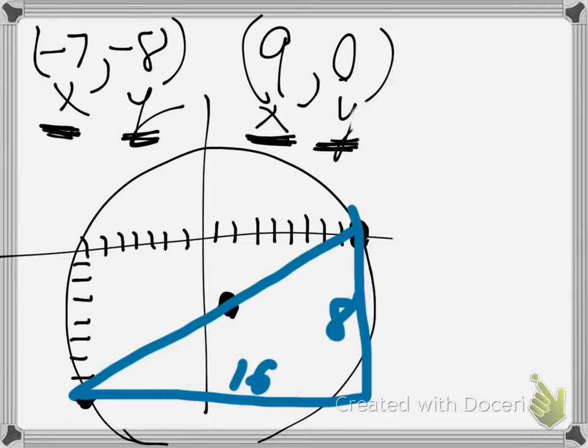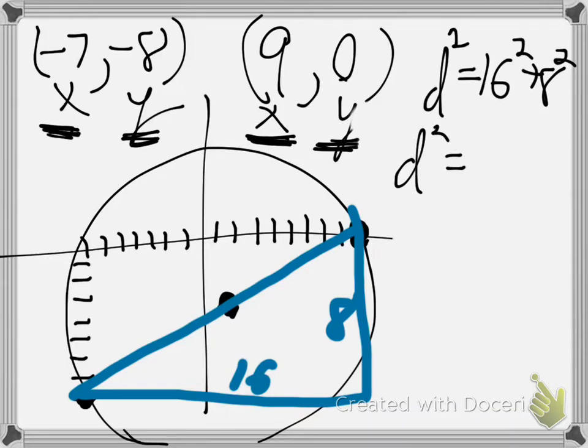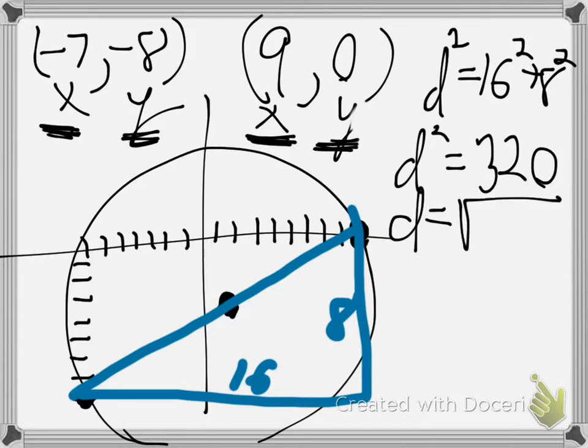So we'll say diameter squared equals 16 squared plus 8 squared. We'll just run those numbers. So d squared equals 256 plus 64. I'm thinking it's 320. Let me know if I'm wrong about that number, but I think it's 320, and then we'll square root it to get the diameter. Diameter equals the square root of 320.